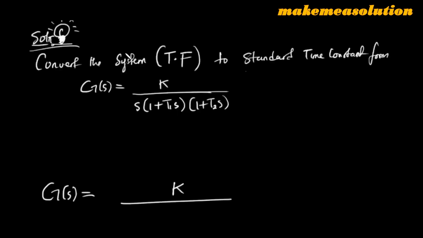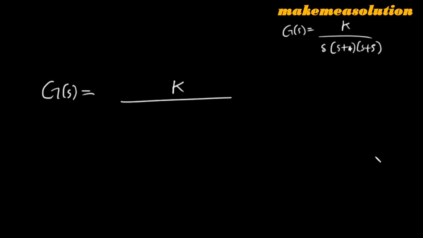So my G(s) is going to be K into, so let's look before we solve. Remember that the G(s) given to us was K into s(s plus 4)(s plus 5). We convert it to standard time constant form. I'll have s, then from this bracket I'll factor out 4, and factoring out 4 from s plus 4, you'll be left with 1 plus 1 over 4 s.